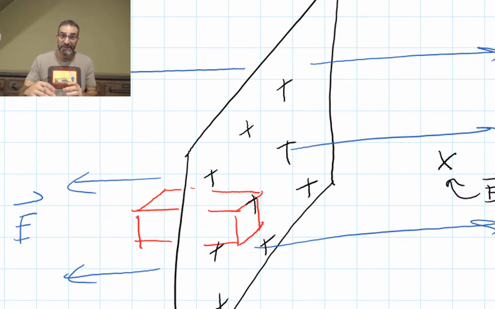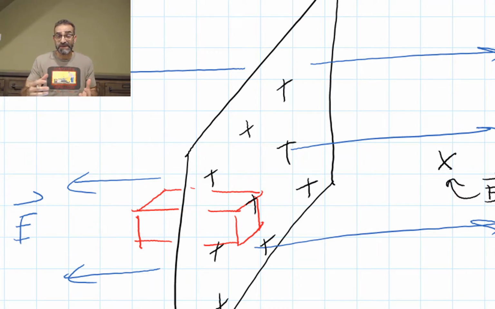So now we could use that shape as our Gaussian surface. There are 6 sides to a rectangular box, and we could integrate the integral of E dot dA over all 6 of those sides and come up with an answer. But usually we like to take this other shape. Usually we like to take a cylinder. And how would we orient our cylinder? With the axis parallel to the electric field.